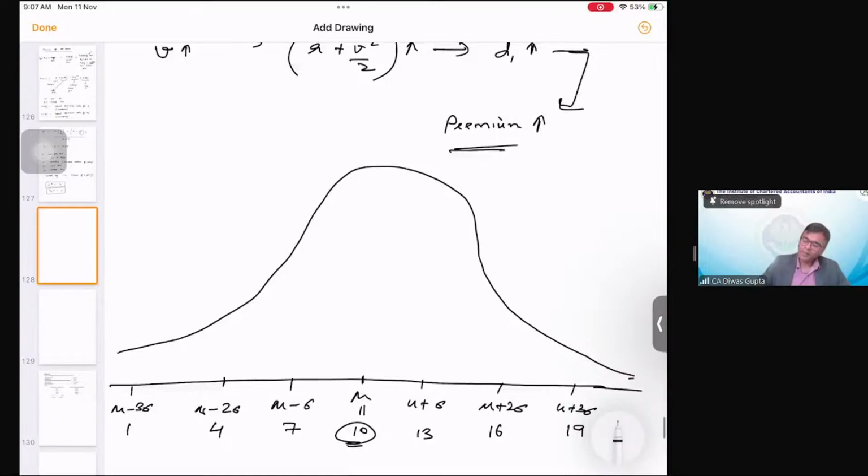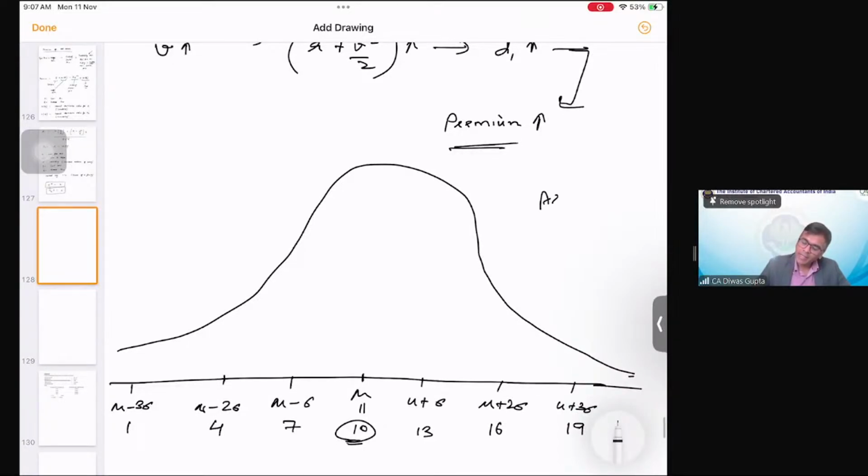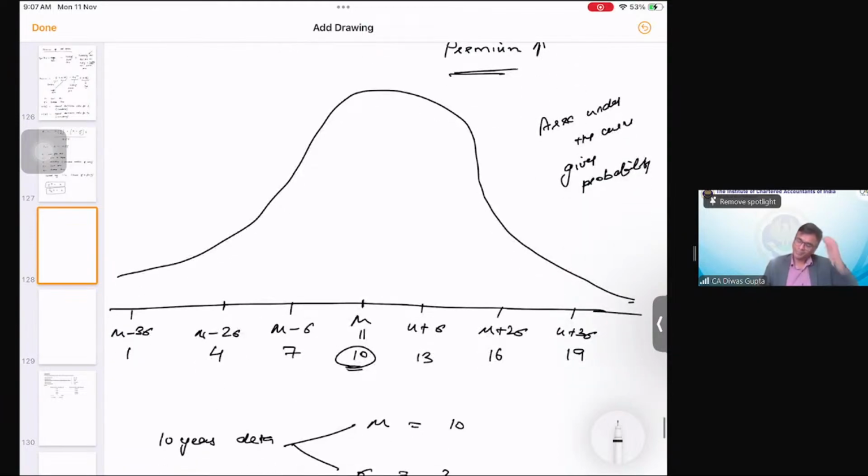Okay. And this area under the curve gives probability. Now, for example, you have to calculate for 18, let's say, what is the probability?